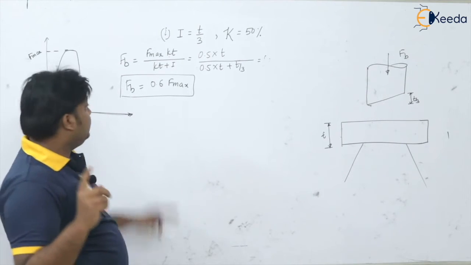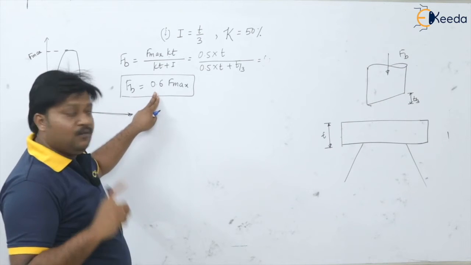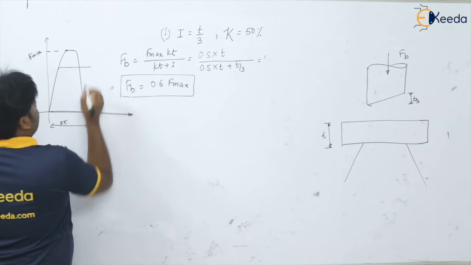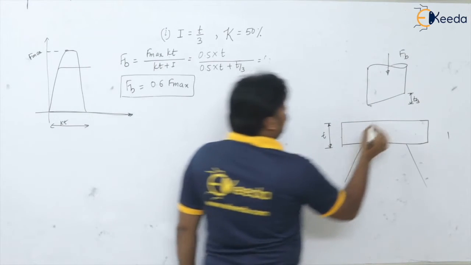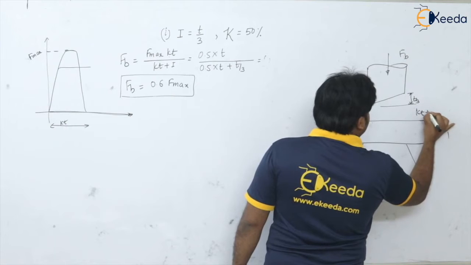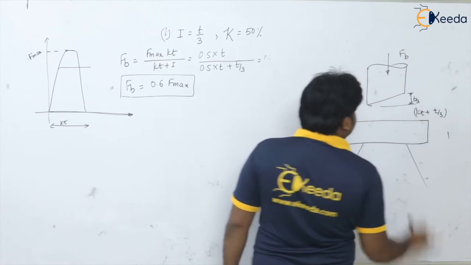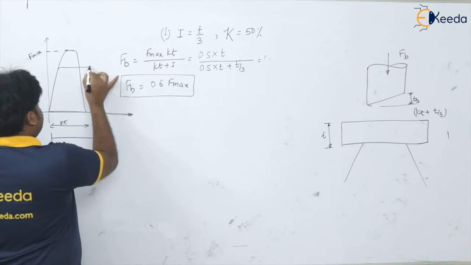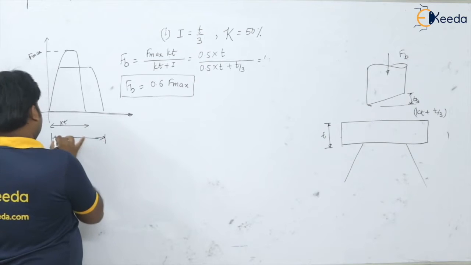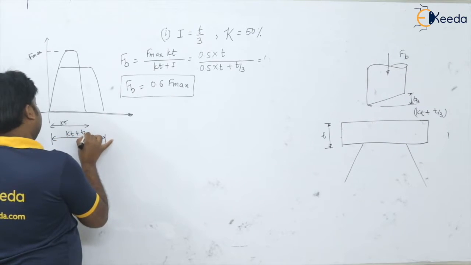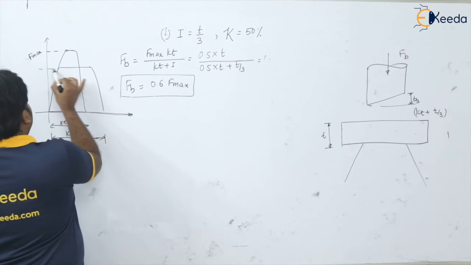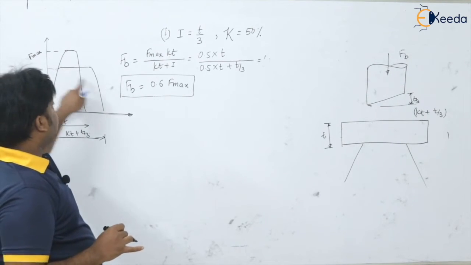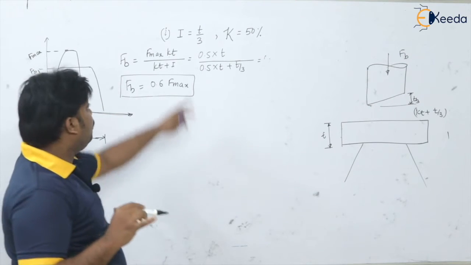The force is decreased by 40%, but the travel of the punch is increased by how much? It is KT plus T by 3, isn't it? So in addition to that, now it is KT plus T by 3. So this is FB1. Of course, there is a 40% reduction in the force by the provision of shear T by 3.